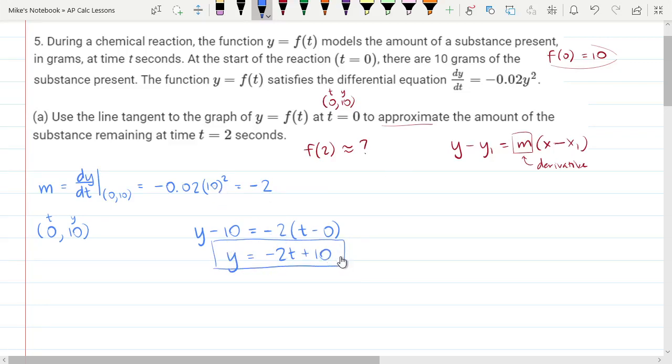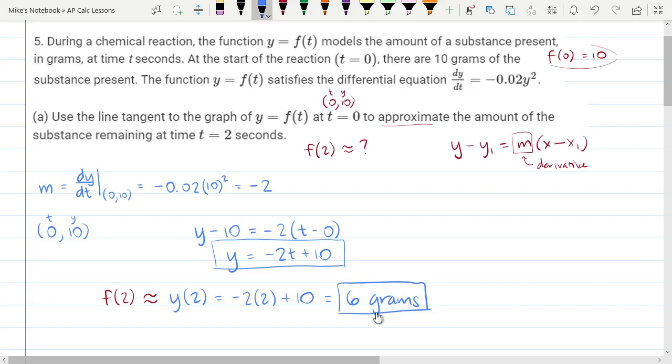And I'm supposed to use this to approximate f of 2. So that means f of 2 will be approximately equal to y of 2, which is negative 2 times 2 plus 10. Negative 2 times 2 is negative 4, plus 10 gives us 6, which means that at time t equals 2, there will be approximately 6 grams. All right, that's part A.